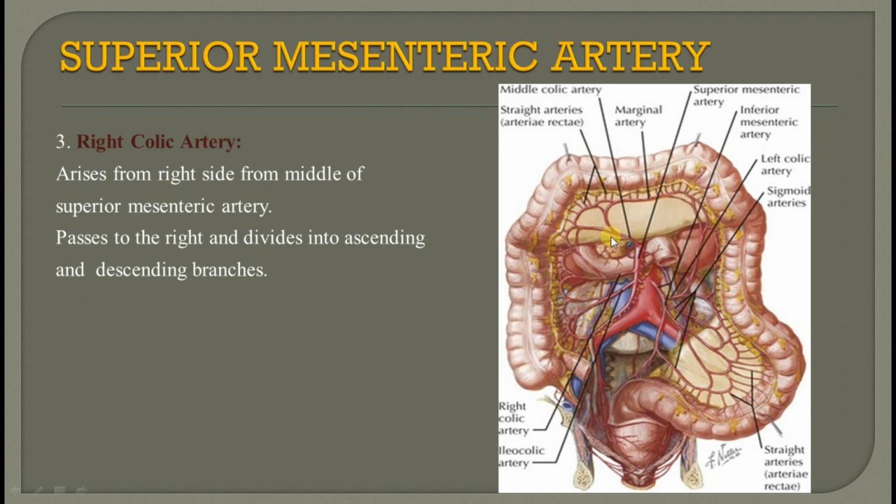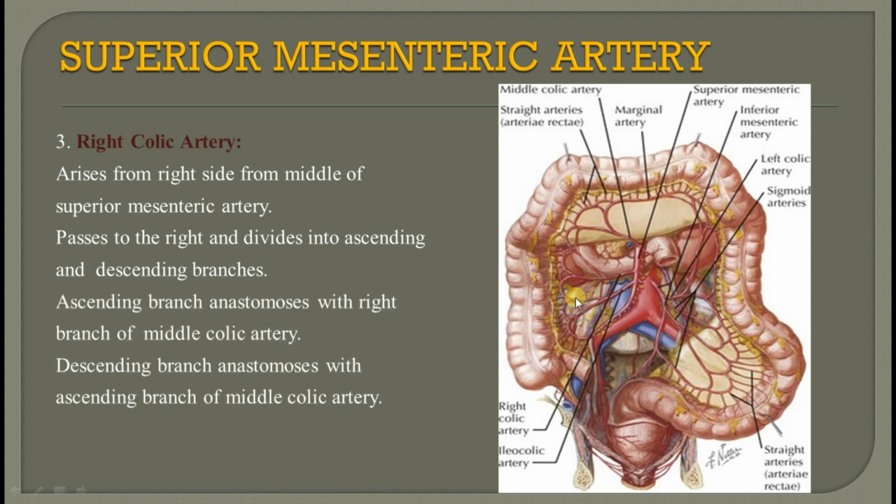Ascending anastomoses with the descending branch of middle colic, descending anastomoses with the ascending branch of ileocolic artery. So, the descending branch of the right colic anastomoses with the ascending branch of the ileocolic artery, thereby forming a continuous arterial arcade.